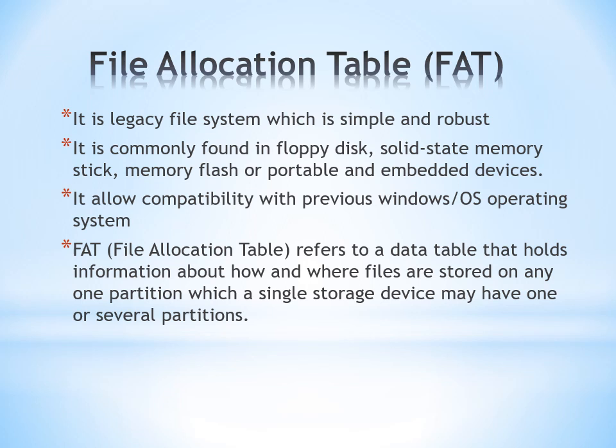FAT is a file system architecture which was previously used in the Windows operating system. FAT is a file allocation table, which refers to data tables that hold information about how and where your files are stored, in any partition on a single storage device, or across several partitions.